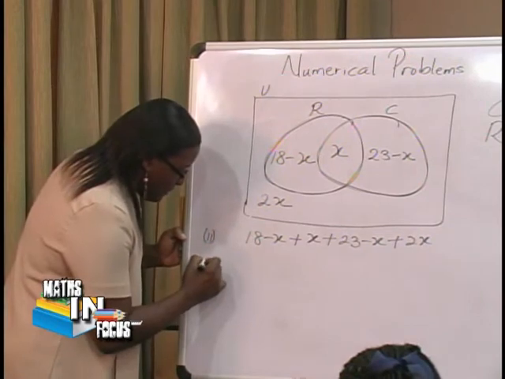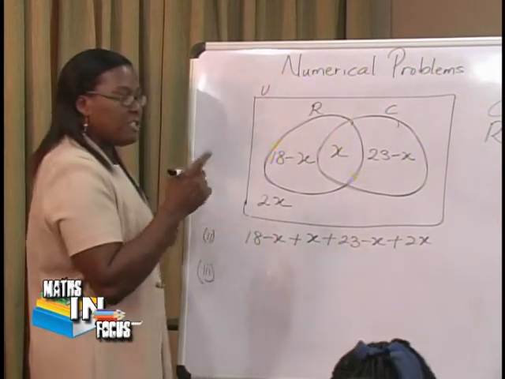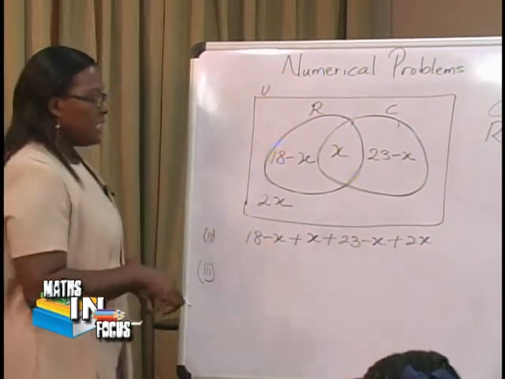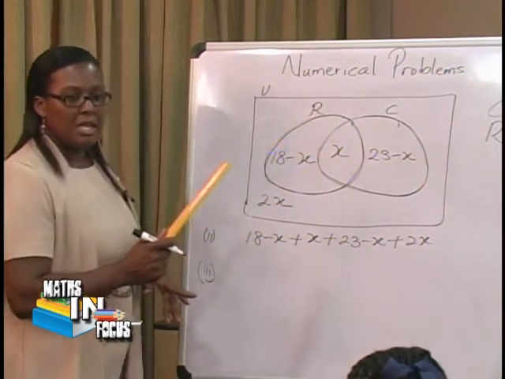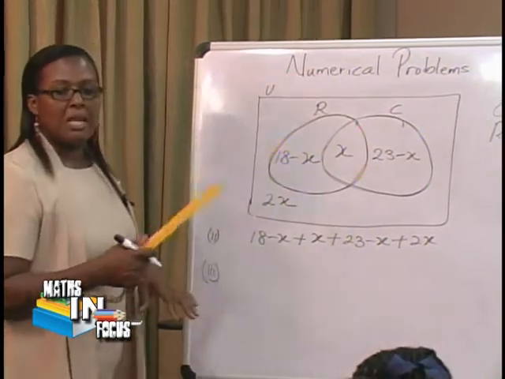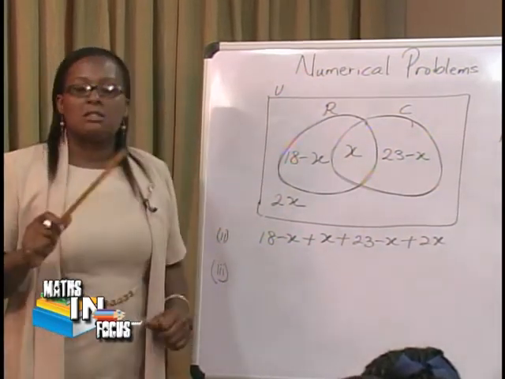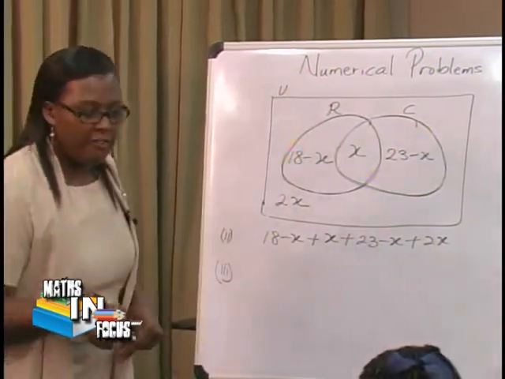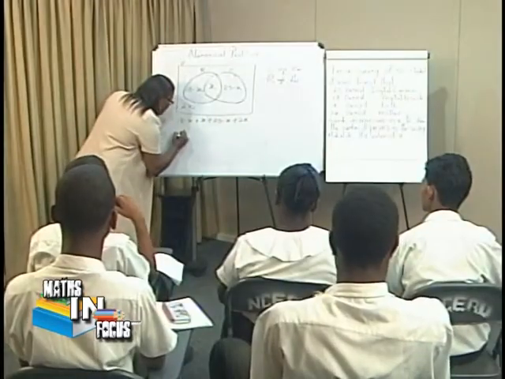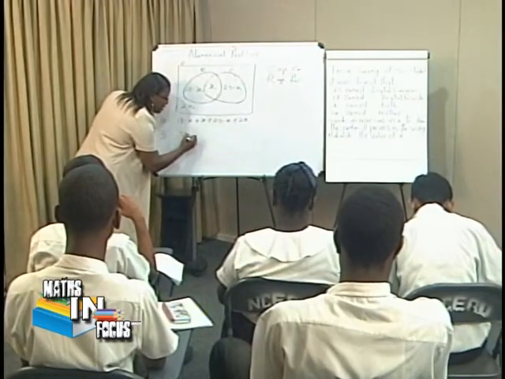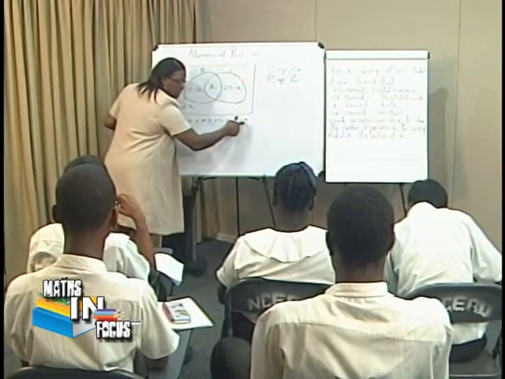Part 3. In order for us to find X, we're going to have to take the expression and use it to make an equation. Now, how many persons were in the survey? 50. So, 50 now has to be equal to all of this here.